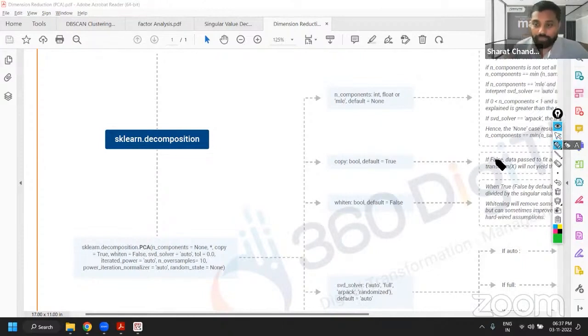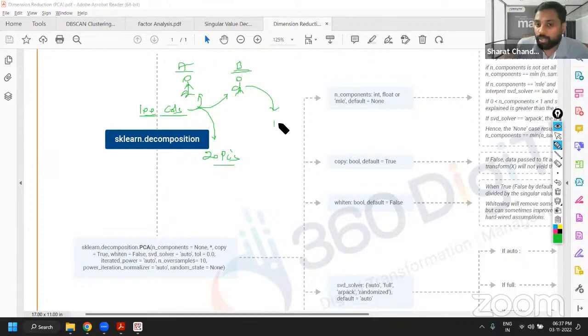So for example, I have a data set given to two people, let's say person A and person B. I'm giving 100 columns of data to both. Now, let's say person A implements PCA and decides to get 20 PCs, whereas person B compresses the data with only 10 PCs. The difference between the data sets is the dimension itself. So you will have 20 columns and 10 columns after transformation.